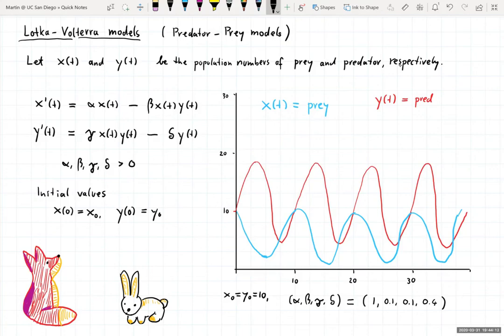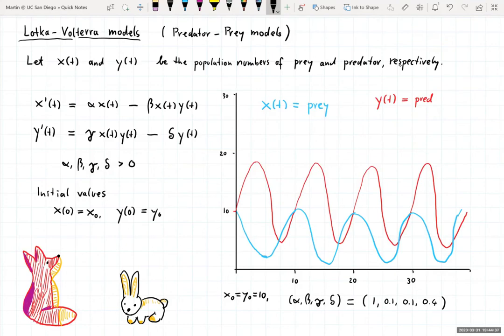But of course, if you plug in negative values or zeros or whatever mix of these, you still get a differential equation, which is probably going to describe something. But for the sake of predator-prey dynamics, we will stick to positive constants here.